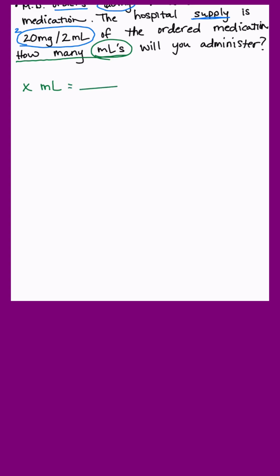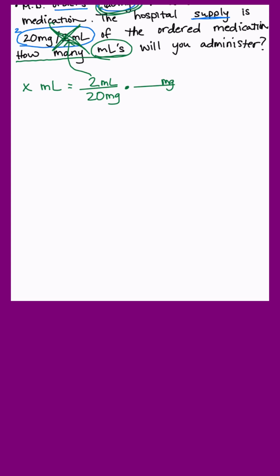I'm going to start my numerator with my unit of measure, which is mLs. I'm given that 2 mLs equals 20 milligrams. I can cross that out now. Now I know I want this numerator to match so that I can cross cancel.